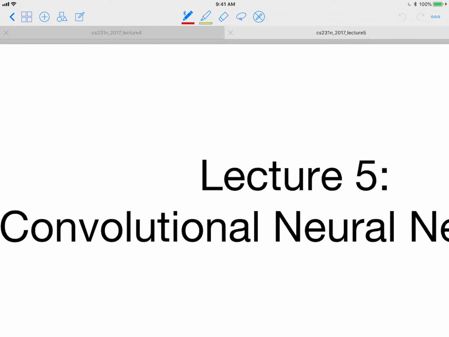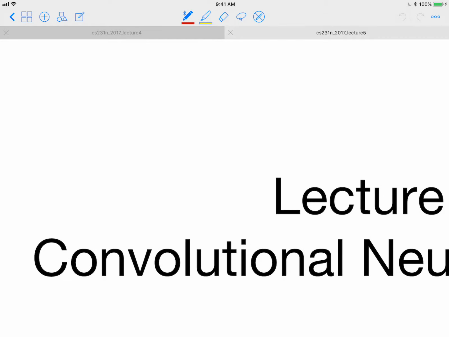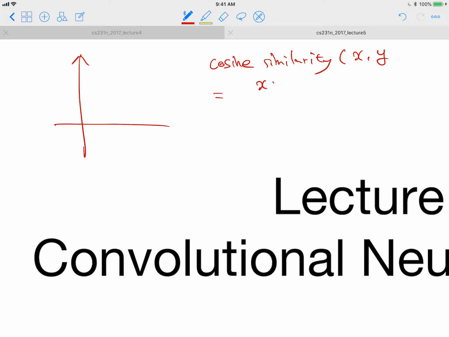I'm not sure if I explained it or not, but you guys know the cosine similarity, right? It measures or evaluates the differences or similarities between two vectors, and the cosine similarity is defined as the inner product between the two vectors.